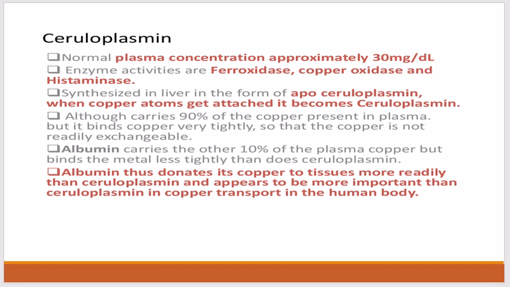It is synthesized in the liver in the form of apoceruloplasmin. When copper atoms get attached, it becomes ceruloplasmin. Although it carries 90% of the copper present in the plasma, it binds copper very tightly, so that copper is not readily exchangeable.